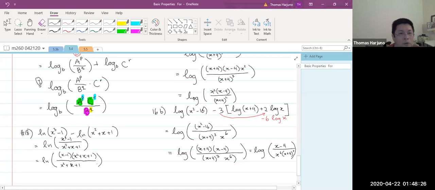Difference of cubes: a cubed minus b cubed equals a minus b times a squared plus ab plus b squared. Then if you go on, you see one of the factors cancels, and we are left with x minus 1 as the argument.